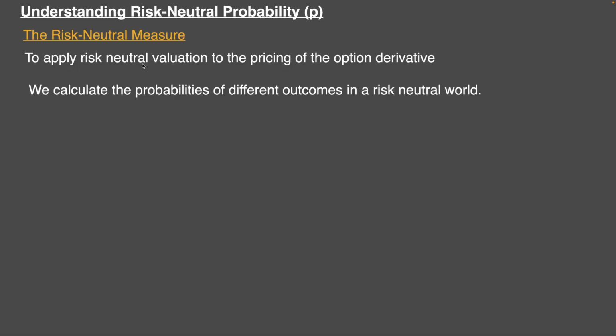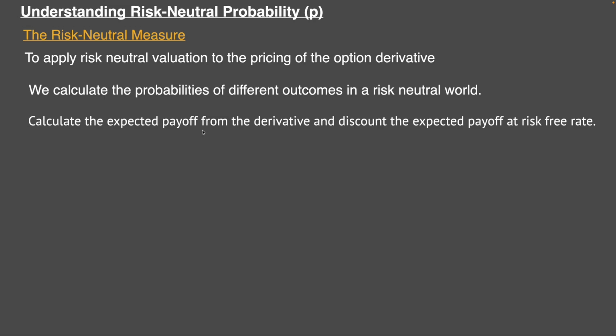So let us apply the risk-neutral valuation to the pricing of the option derivative. What are the probabilities of different outcomes in a neutral world? Then we calculate the expected payoff from the derivative. It is expected payoff, we have to be very careful. Once you get the expected payoff, you discount that payoff at the risk-free rate, which is nothing but small r.